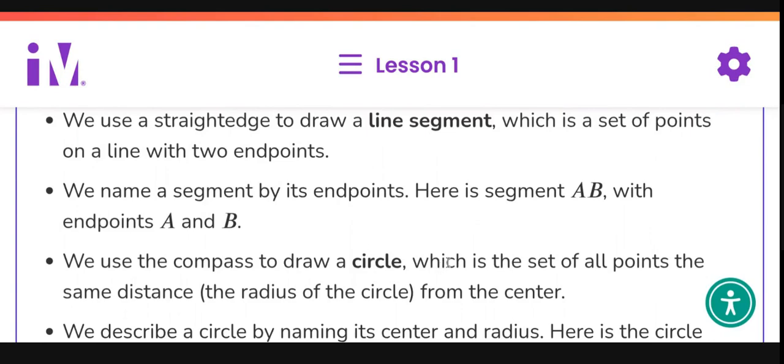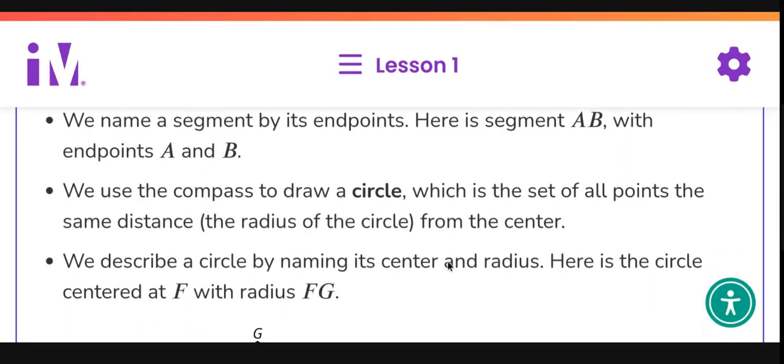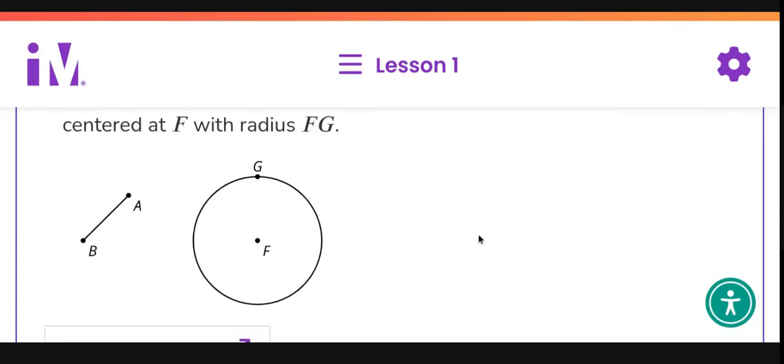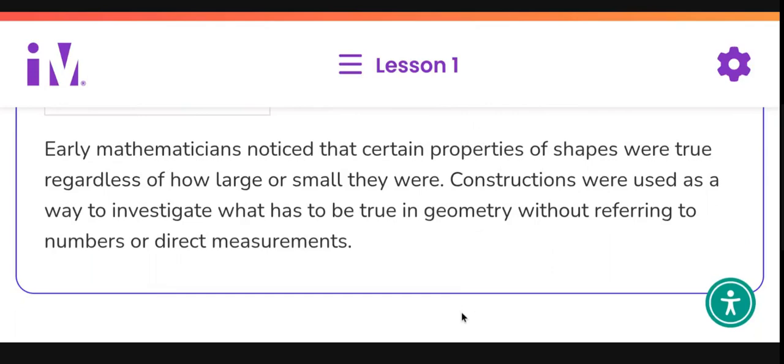You can also switch the order of those letters. Here we're going to use a compass to draw a circle. And remember that the distance from the center to the edge of the circle is called a radius, and it is the same all the way around the circle. Whenever you name a circle, you're going to name it according to the center point. And like I said before, we're going to use constructions all throughout this unit to start discovering components and shapes within geometry, defining them as we go along.